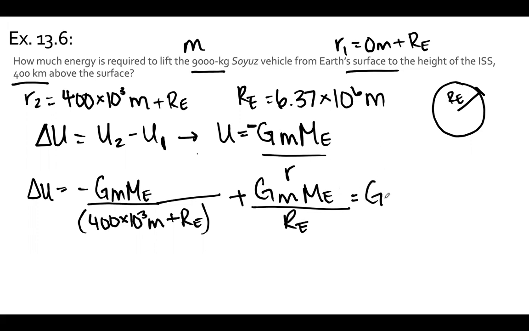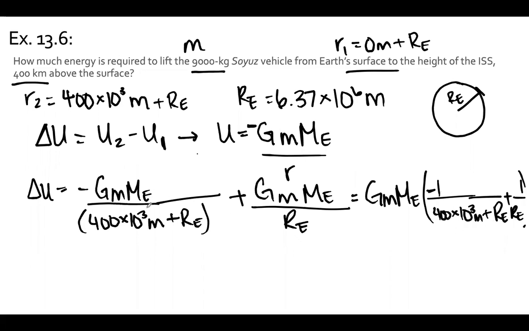So we've got G M M E times 1 over 400 times 10 to the third plus R E, minus 1 over R E, with a negative on the first term. Hopefully you followed that. This is me pulling G M M E out of this here.